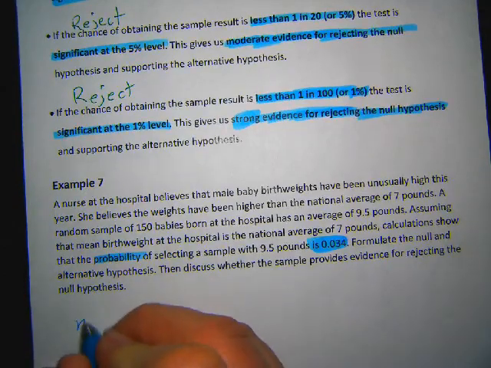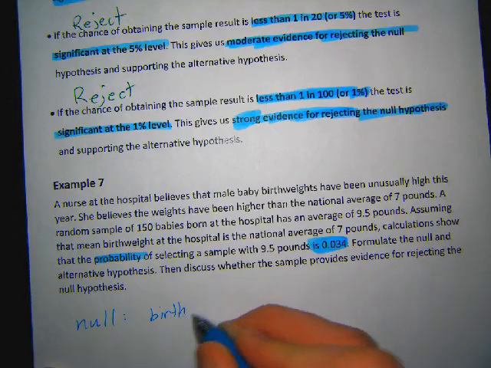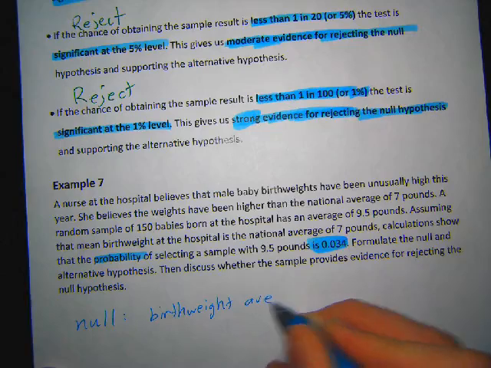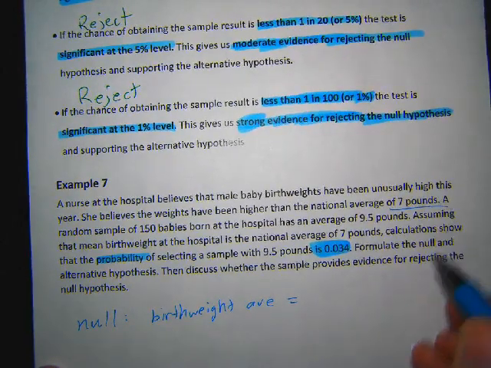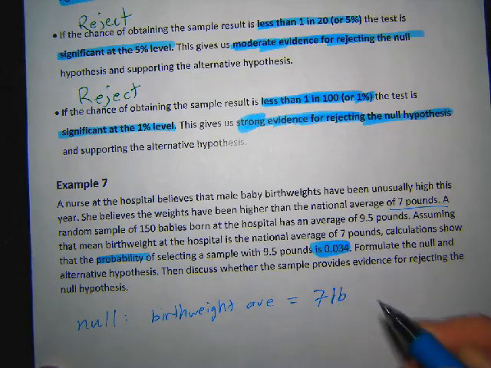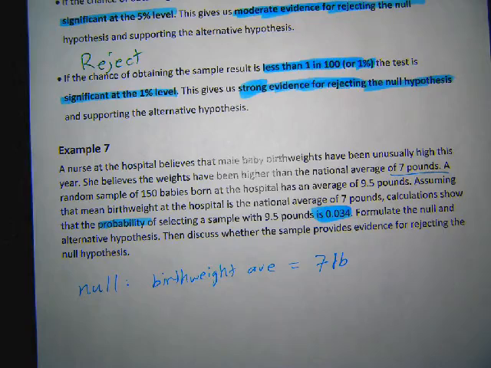So our null is that the birth weight average for this hospital is equal to 7 pounds. Yeah, we know it's not from our sample, but we're talking about all the births at this hospital. 150 is a lot of births, but they're probably doing hundreds and hundreds per year.